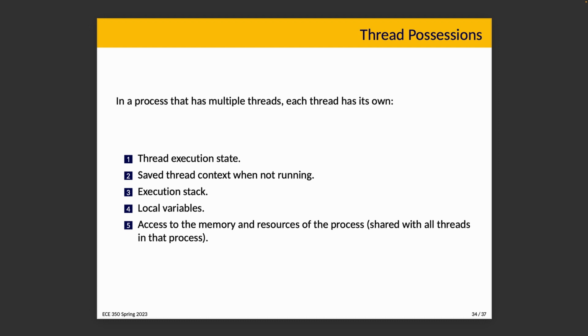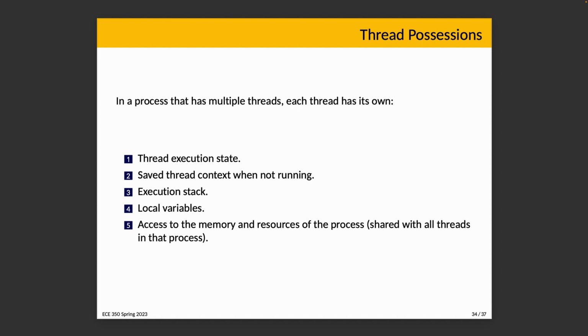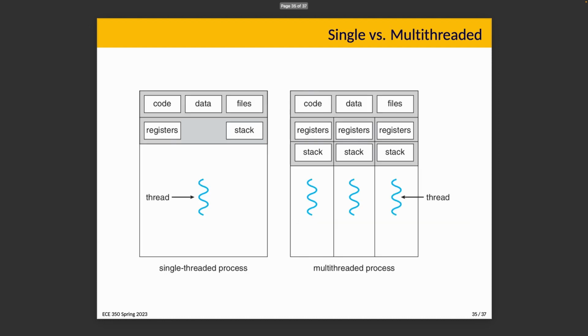Now, in a process that has multiple threads, every thread has its own thread execution state. It has its saved thread context when it's not executing. It has its execution stack. It has its local variables. And it also has access to the memory and resources of the process that are shared with all the threads in that process. We showed this diagram of a multi-threaded process, right?